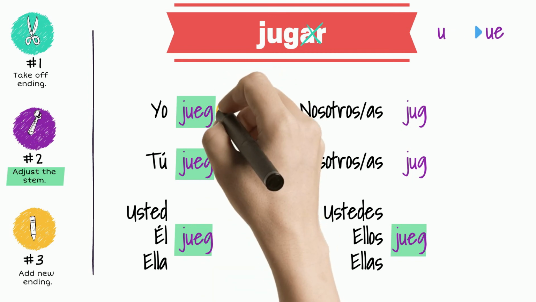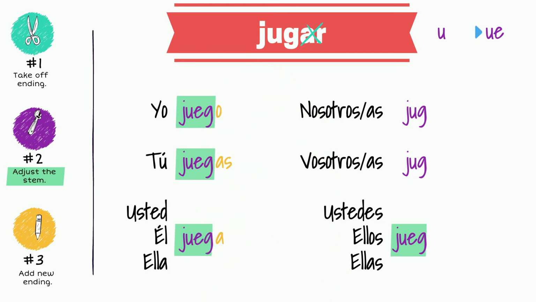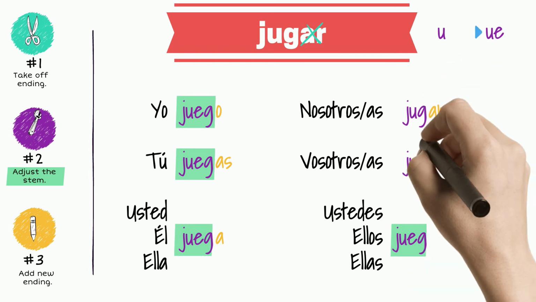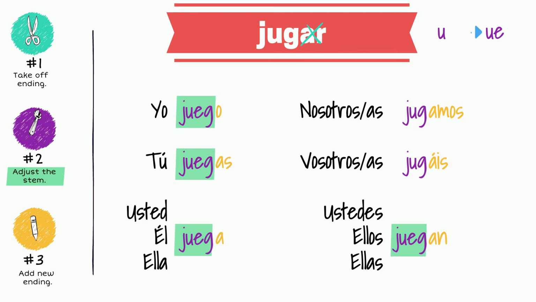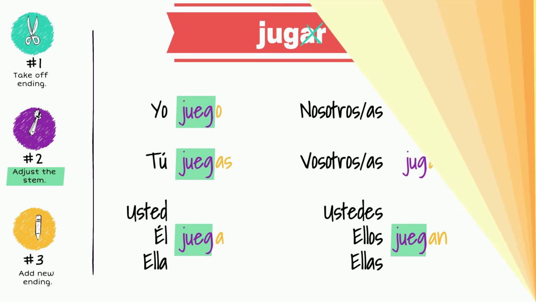Yo juego, tú juegas, usted, él, ella juega, nosotros, nosotras jugamos, vosotros, vosotras jugáis, ustedes, ellos, ellas juegan.